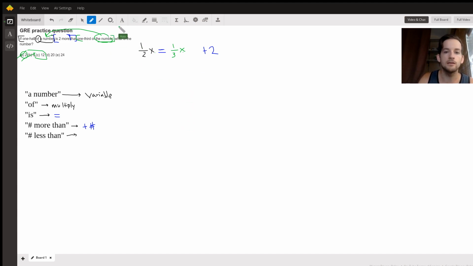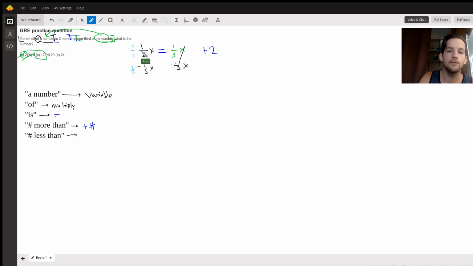If you did want to pursue doing the actual algebra, you would need to subtract the 1/3 X on both sides. The reason this is going to be tricky is because, as I'm sure you know, to subtract or add fractions, we have to have a common denominator. So we have 1/2 minus 1/3. A common denominator you could get for those is 6, if we multiplied this fraction top and bottom by 3 and this fraction top and bottom by 2.